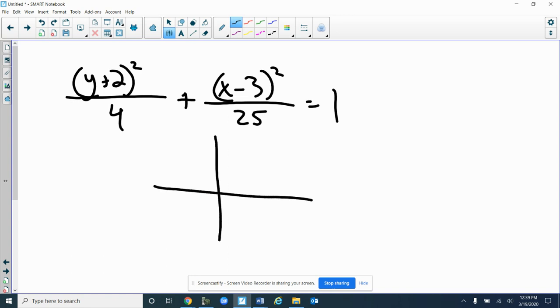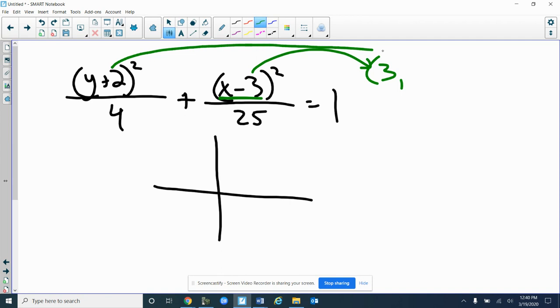Where am I going to start this graph? The value with the x is x minus 3, so that would be positive 3. That's my x value. The value with the y, again, we go with the opposite sign, so it will be negative 2. So I'm going to go to the coordinate 3, negative 2. That's going to be my starting point.